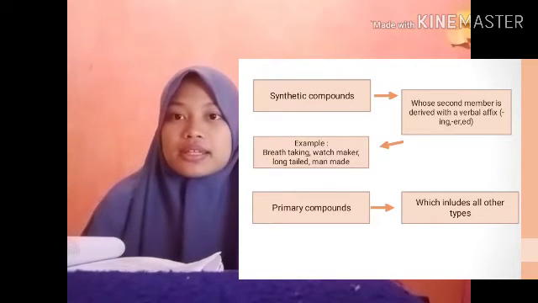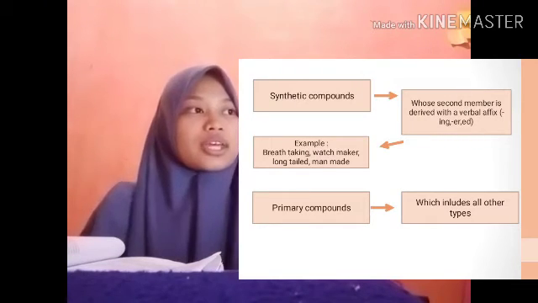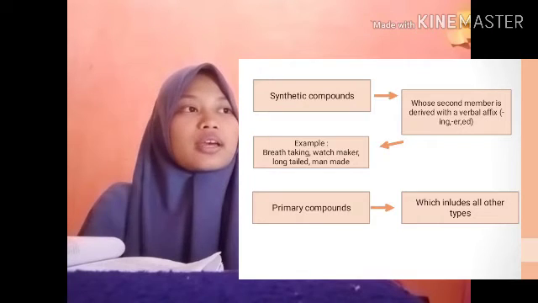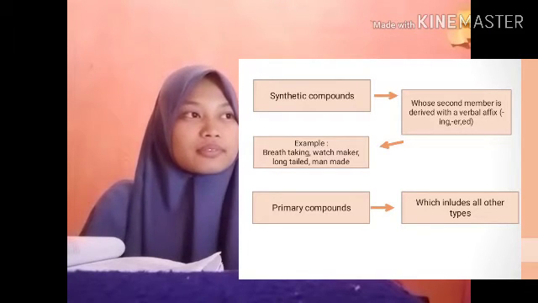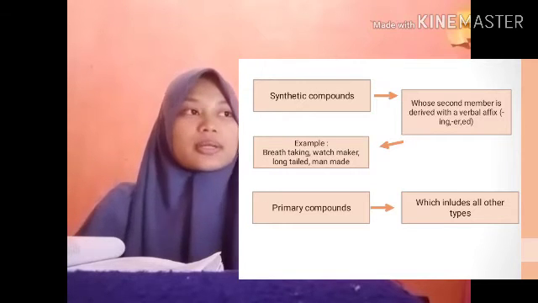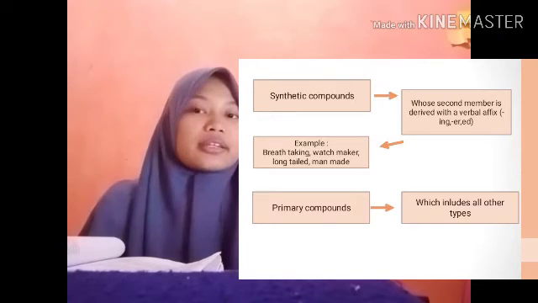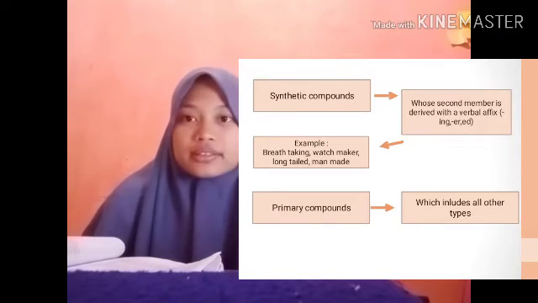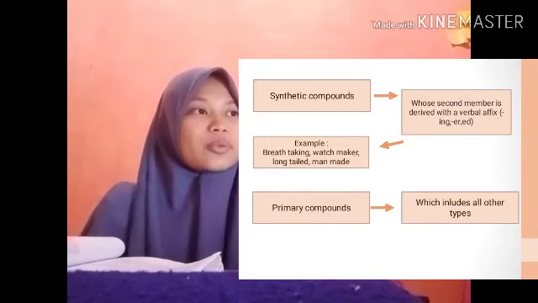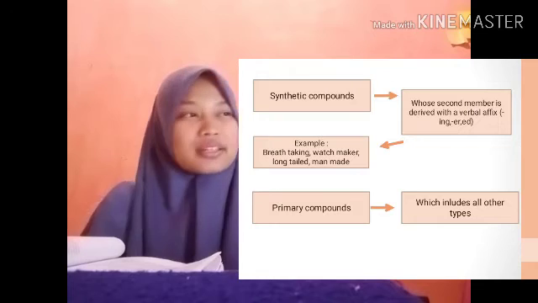Examples are breathtaking, watchmaker, long-tailed, and so on. In breathtaking, there are two words, breath and take, but the word take is added with -ing at the end of the word, so it becomes breathtaking.